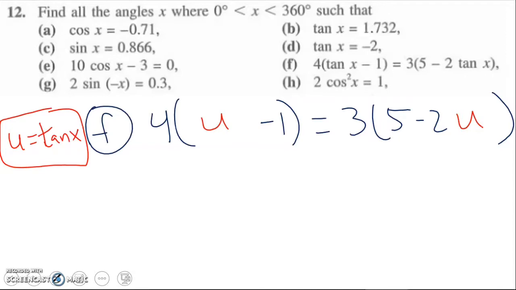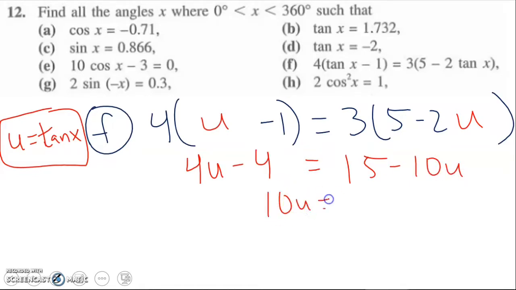Let's go ahead and simplify. Now when I simplify, you end up with 4u minus 4 is equal to 15 minus 10u. Eventually, you get 14u is equal to 19, and u ends up being 19 over 14.